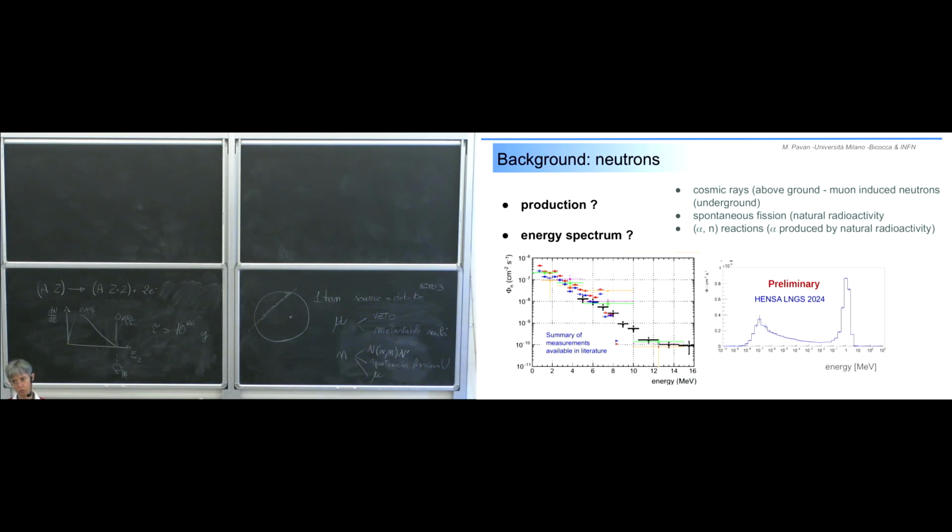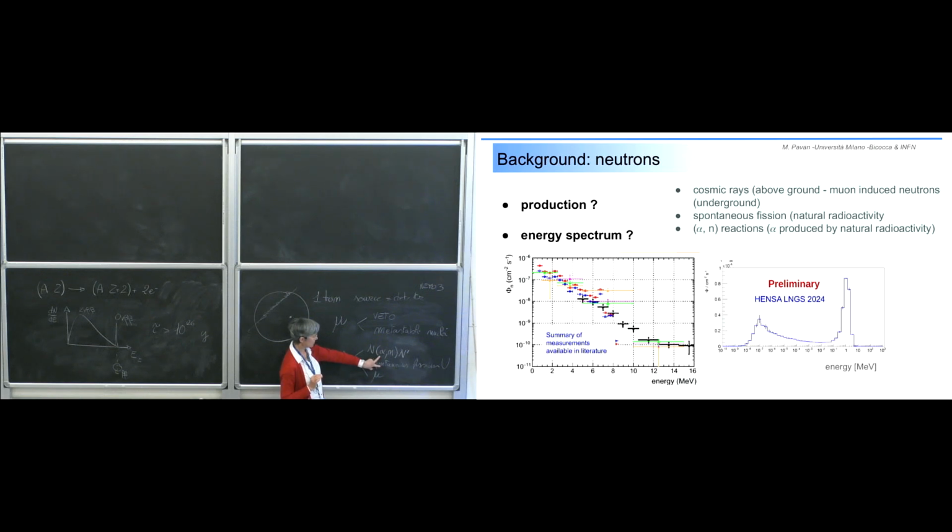And then, of course, you can think of a number of different processes that can produce neutrons, but these are definitely the dominant ones, because muons still have a non-negligible flux on the ground.